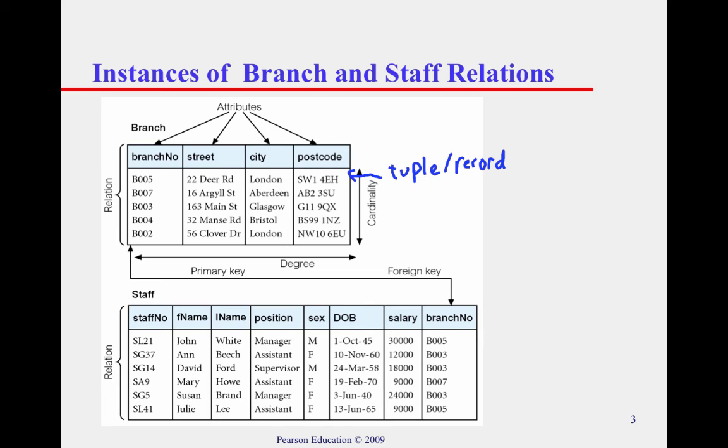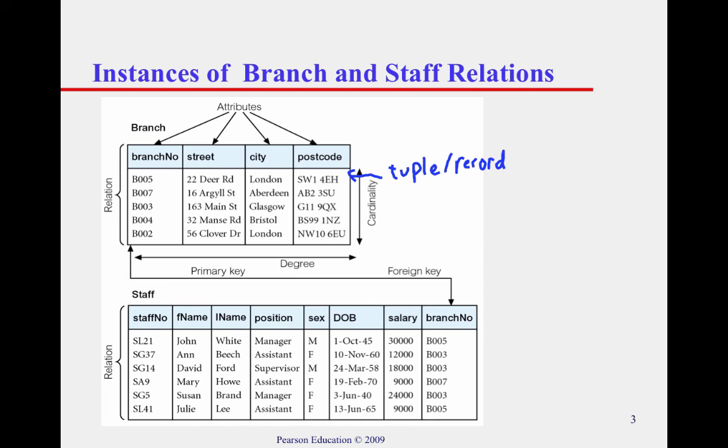And if you also look at these two relations, it is the only redundant piece of information in the two relations. So all other attributes are unique. The only duplicated information is the branch number.